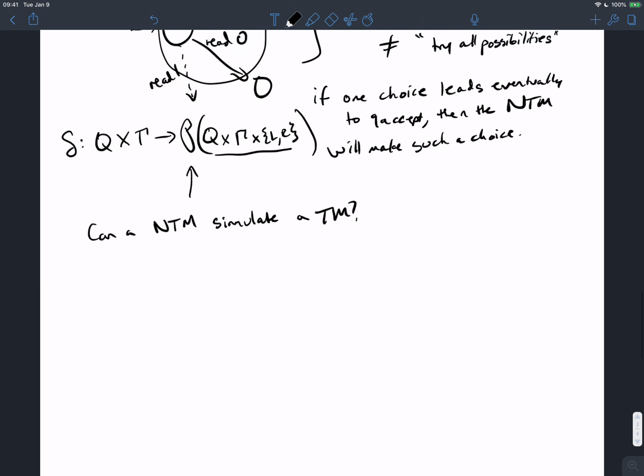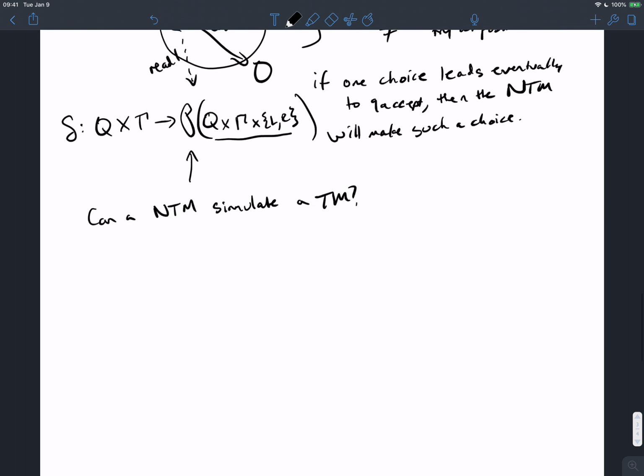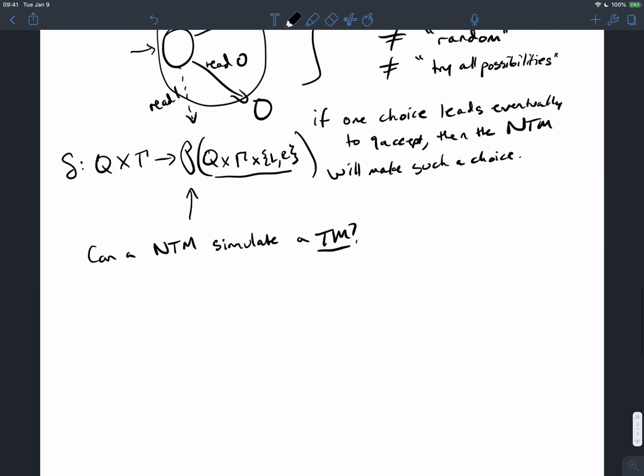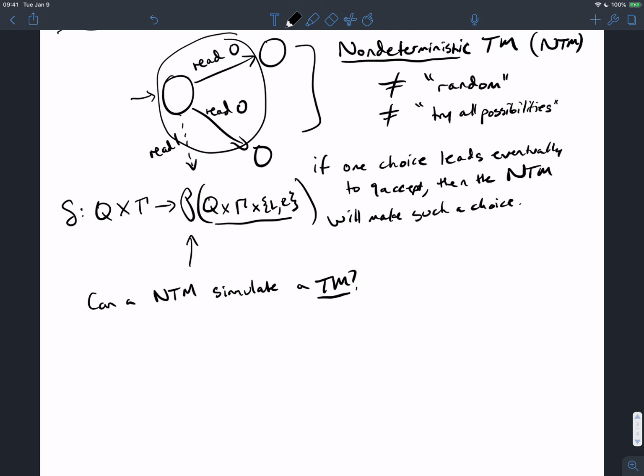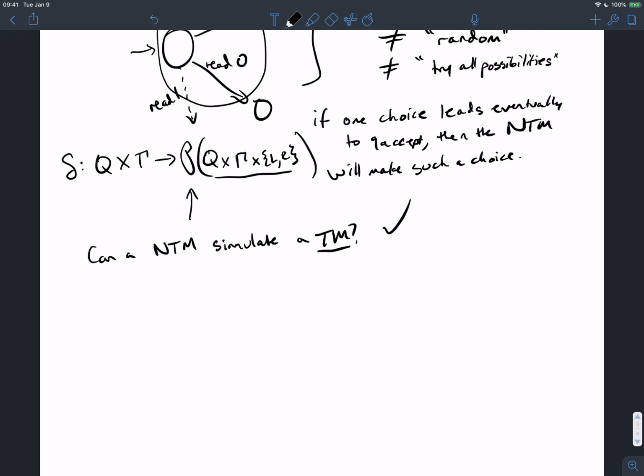If you think about it, the normal Turing machine already is a non-deterministic machine in the sense that you have exactly one choice for the transition function. The non-deterministic machine doesn't have to have multiple choices or 0 choices for transitions. It could have exactly one. So in fact, the answer is yes here. It just simulates the Turing machine in the usual way.